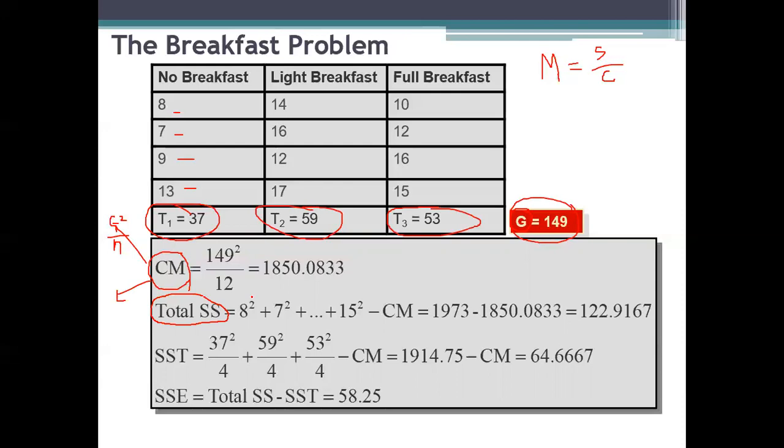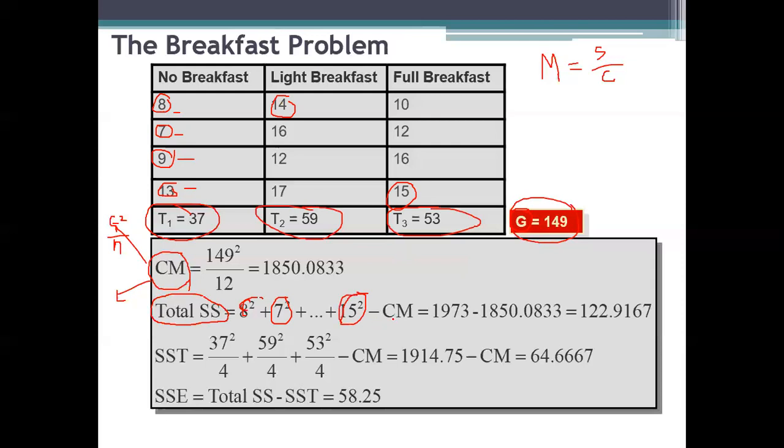So now the total is 8 square plus 8 square, plus 7 square, plus 9 square, plus 13 square, plus 14 square, until 15 square.